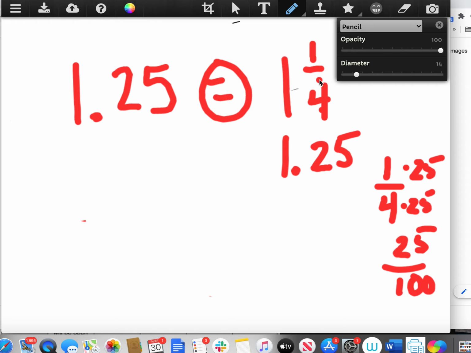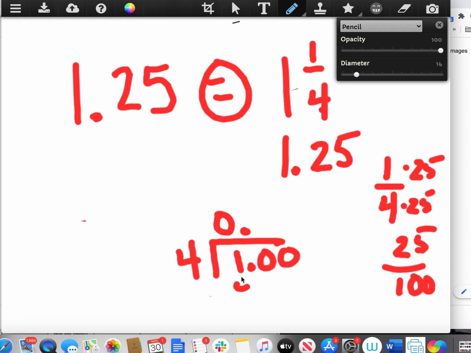If I didn't see that with 1/4, remember you can always do top dog. Watch, it'll work the same way. Top dog, 1 goes in the house, 4 gets divided. Remember, put your decimal down, slide it up, and add a couple zeros, and start. 4 goes into 1 0 times. Right? Subtract, drop. 4 goes into 10 2 times. 2 times 4 is 8.